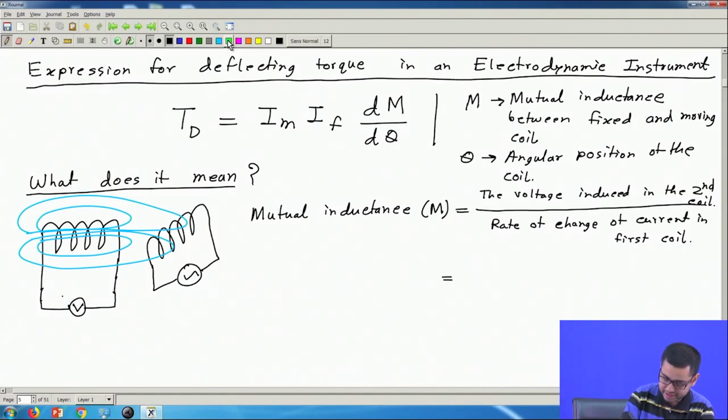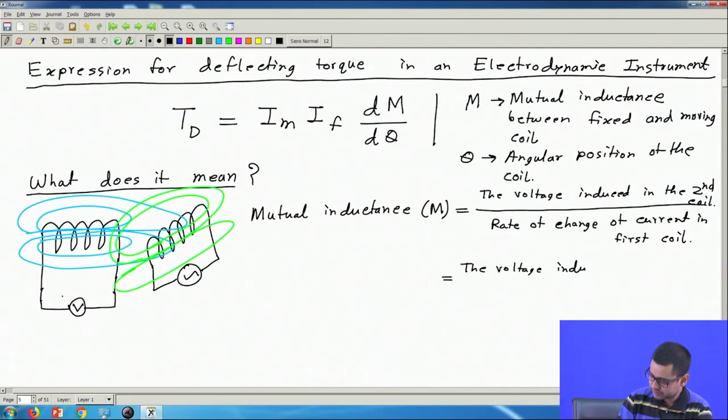This will also generate some flux lines which will link to the first coil, and therefore we can get some reading here. So, we can also write that this is the same as the voltage induced in the first coil divided by the rate of change of current in the second coil.